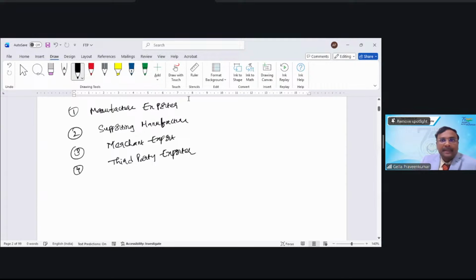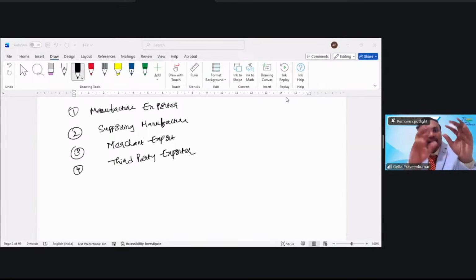Let's take an example. Say, Ayush has the capability to manufacture. I have a team who are well versed with customs, DGFT, foreign trade policy, import, export, everything. So Ayush is self-reliant, self-sustainable. He'll say, look, I manufacture, I do everything myself.